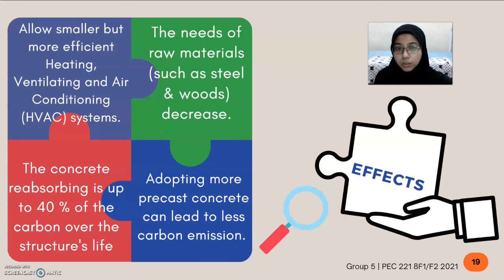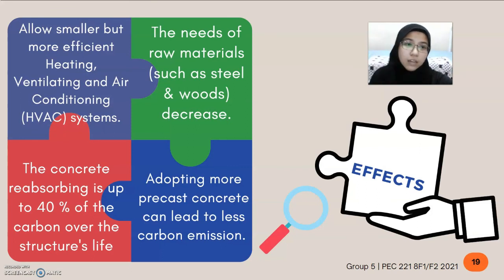So that way the energy for air conditioning and also heating can be reduced. Further investigation has tested that precast panel has lower emissions of heat compared to the hollow core wall panel. So the second effect is that the needs of raw materials such as steel and wood can be decreased.